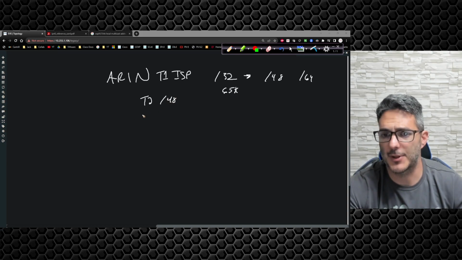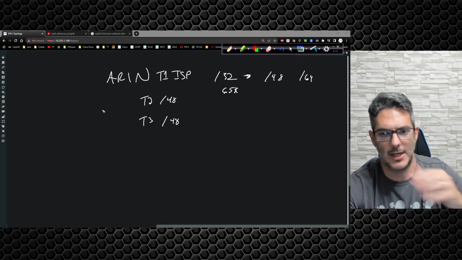And then they might be able to give out multiple tier 2s. But you might have a tier 3 service provider that's only local to a particular area. They might get a /48. So then it dwindles down from there.